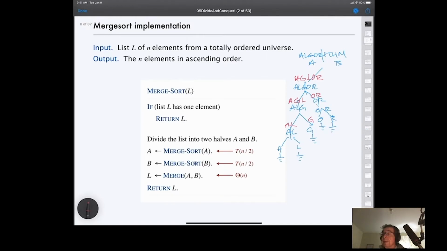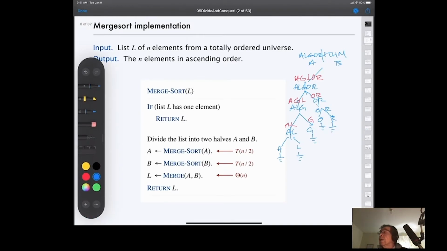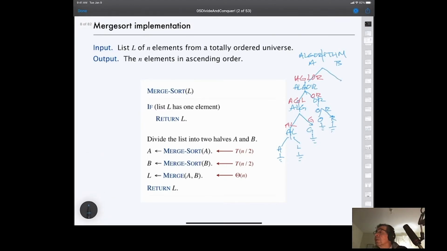This time, we would submit the second subfile to the algorithm, and when we do that, the first thing that happens is that, since we have more than one element, we go and divide the list into two halves.